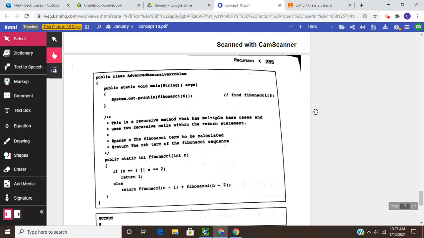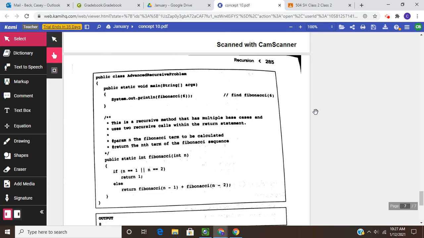As it would be on the AP exam, you would see the recursive method written out. In this case, it's looking at Fibonacci of 6. The Fibonacci method looks like this: if n is equal to 1 or n is equal to 2, return 1.